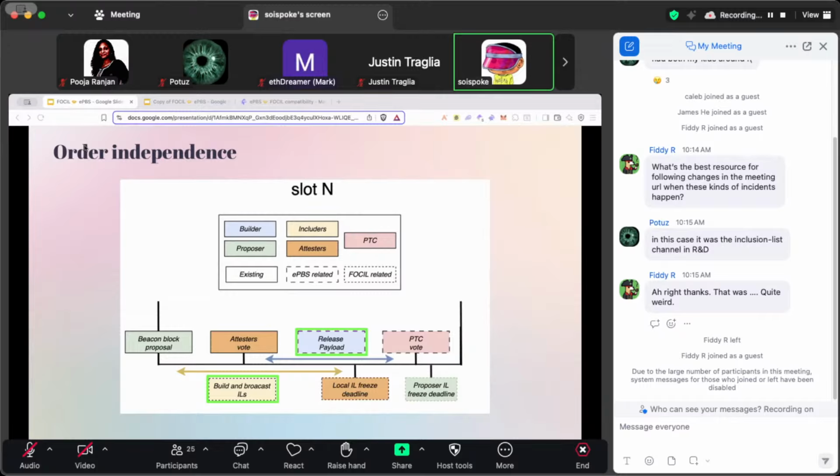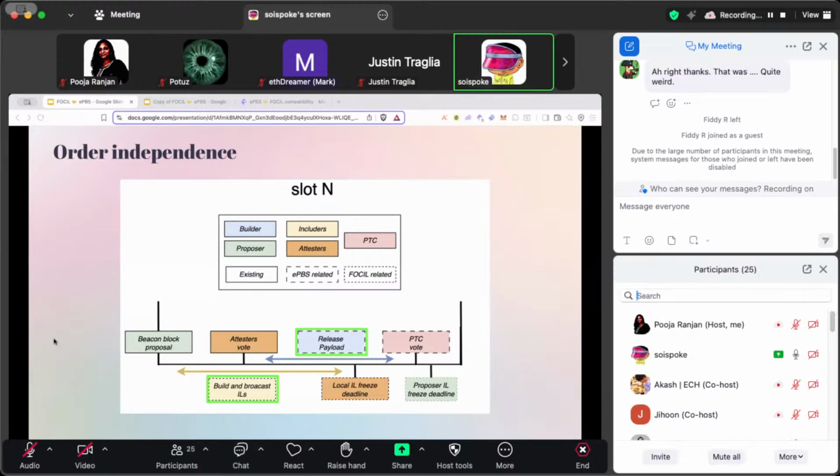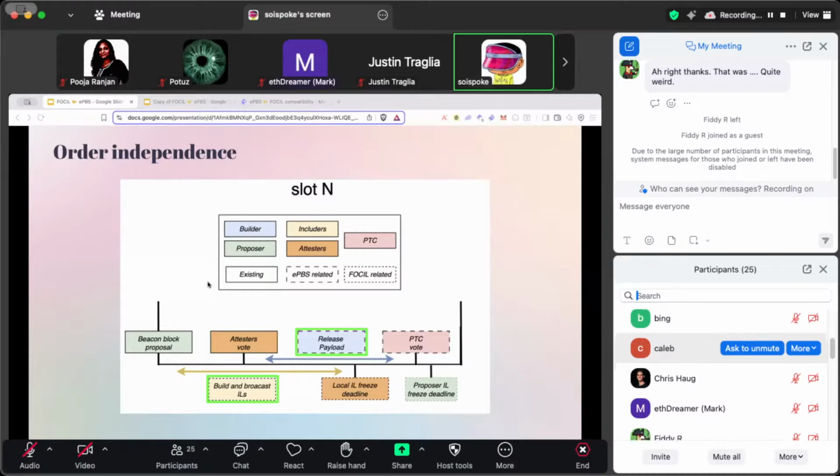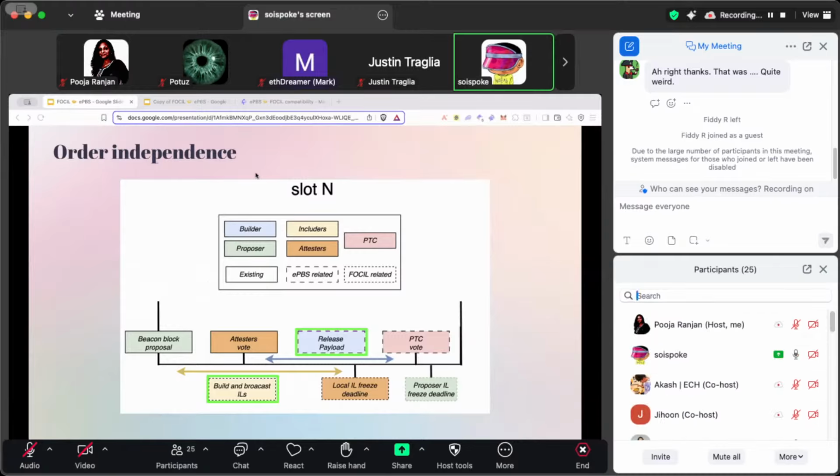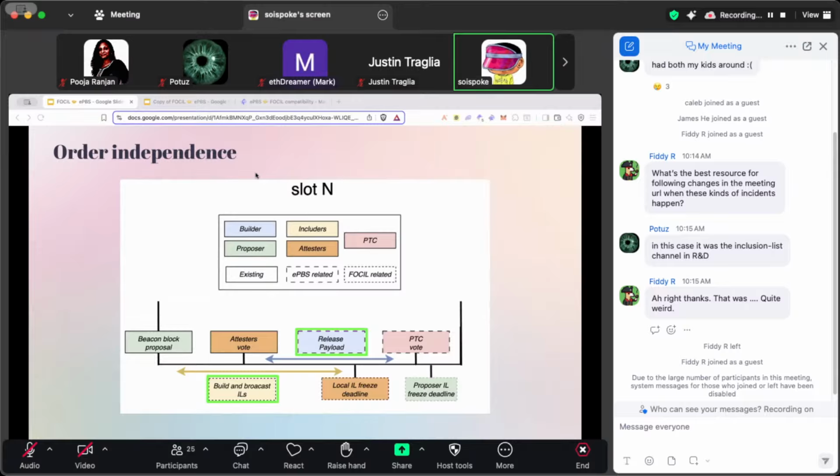That would actually be ideal because it just means you have fresher ILs, so inclusion lists, and that's just better. Otherwise, you'll have a lot of different transactions that will have been included in the latest block.